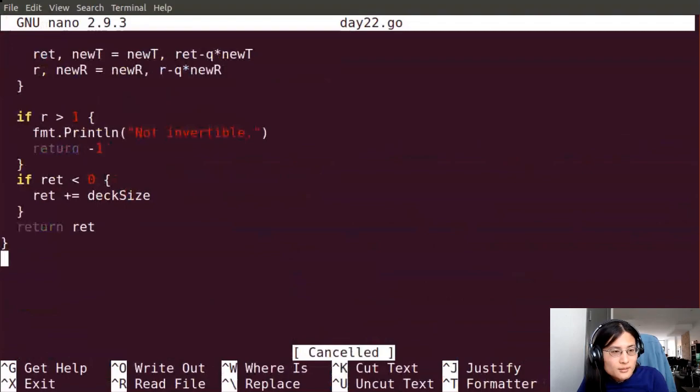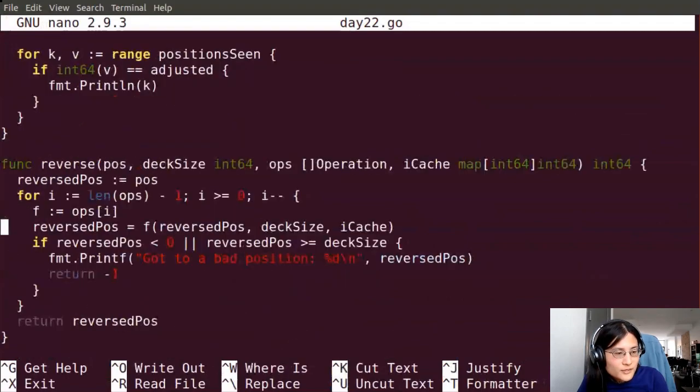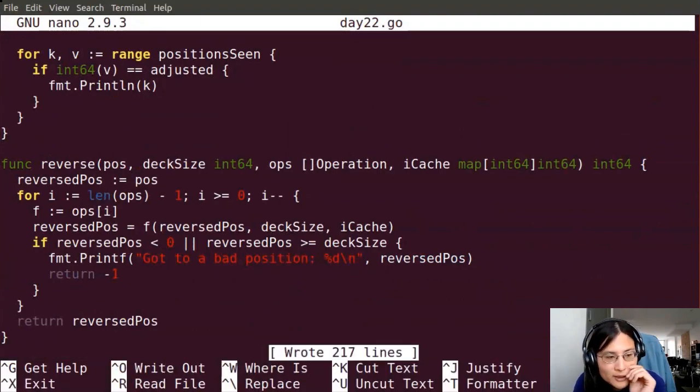And honestly, this check here is probably going to chew up a bunch of my time. Yeah, in theory, this should get branch optimized because it almost never is true.